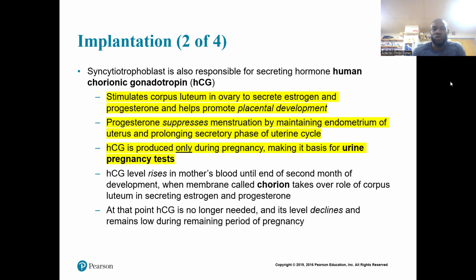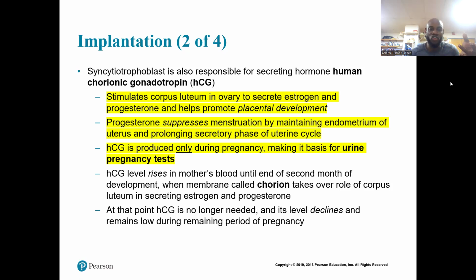That outside layer is also responsible for secreting human chorionic gonadotropin, HCG, which will stimulate the corpus luteum in the ovary to secrete estrogen and progesterone, which promotes the placenta development. Progesterone suppresses menstruation. Remember, we don't want to menstruate anymore while we're developing this child.